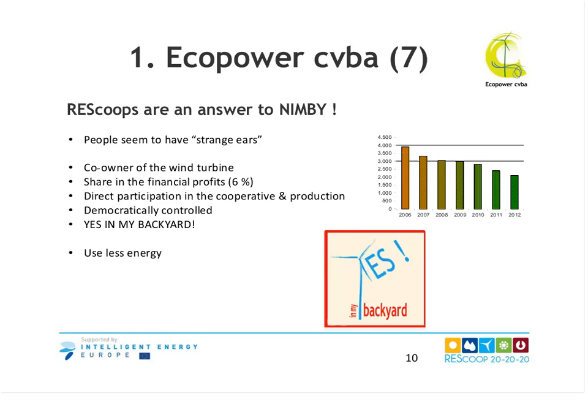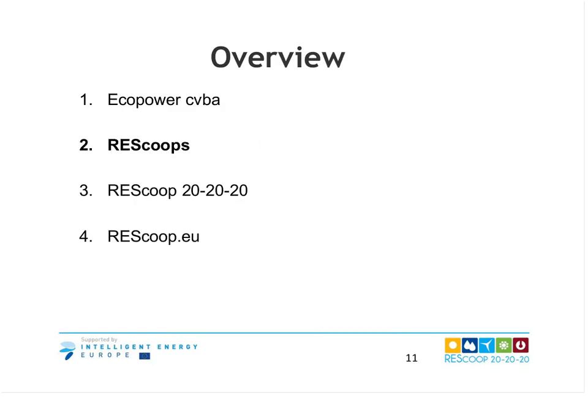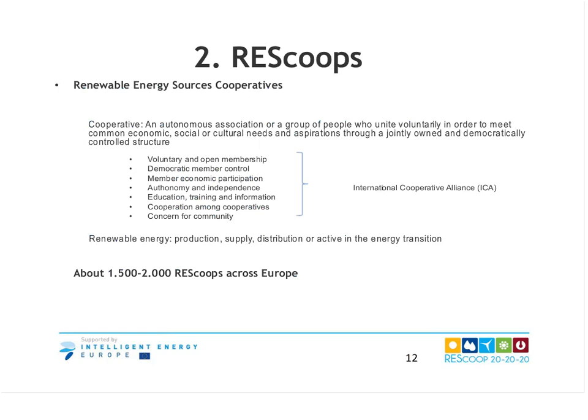So I move over to REScoop. So we chose REScoop as the name for renewable energy sources cooperatives. We have to have a name. As a cooperative, what is a cooperative? It's an autonomous association of a group of people who unite voluntarily in order to meet common economic, social, and cultural needs and aspirations through a jointly owned and democratically controlled enterprise.